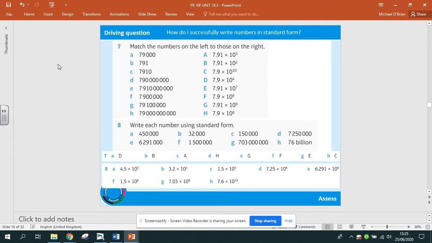If you've just written them across from each other, you may now need to pause the tape again at the end and check. Then underneath we have the numbers in standard form. So A is 4.5 times 10 to the fifth, B is 3.2 times 10 to the fourth, C is 1.5 times 10 to the fifth, D is 7.25 times 10 to the sixth, E is 6.291 times 10 to the sixth, F is 1.5 times 10 to the sixth, G is 7.03 times 10 to the eighth, and H is 7.6 times 10 to the 10th.